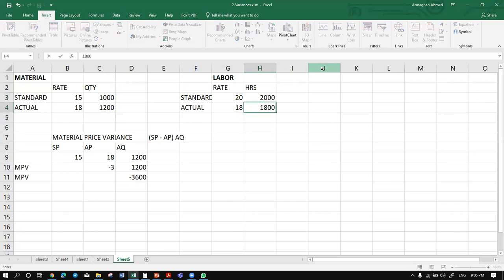So can you find out the labor rate variance? The formula is basically the same, right?